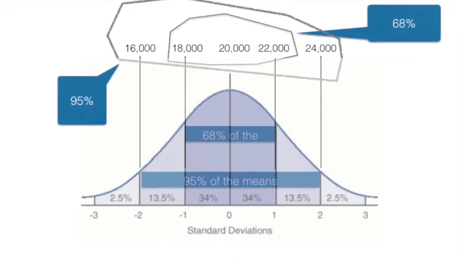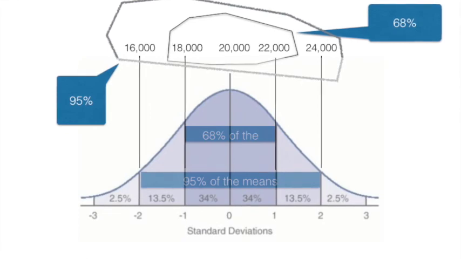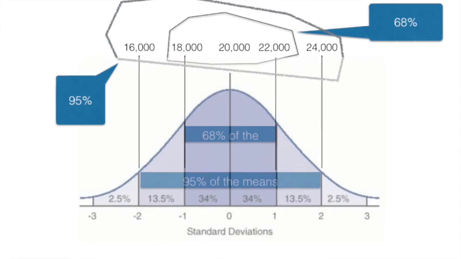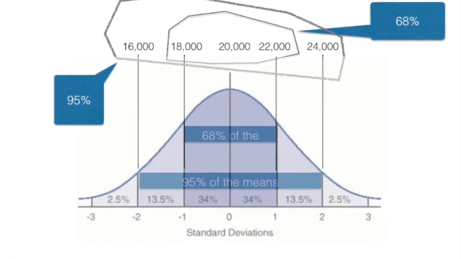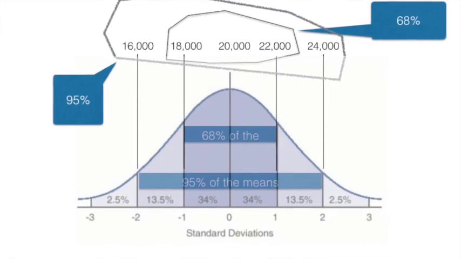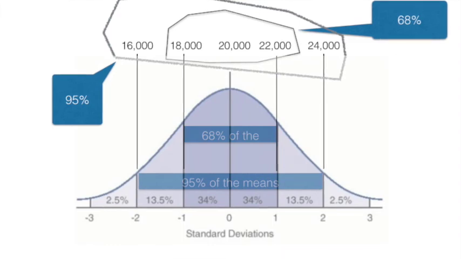And the income of the 95% of your respondents, no, is within two standard deviations. So that would be 20,000 minus 2,000 is 18,000. 18,000 minus 2,000 is 16,000. So this is two standard deviations. 1, 2.